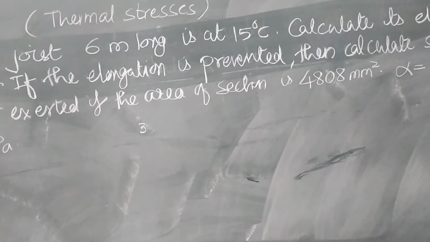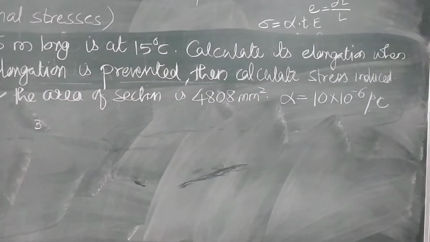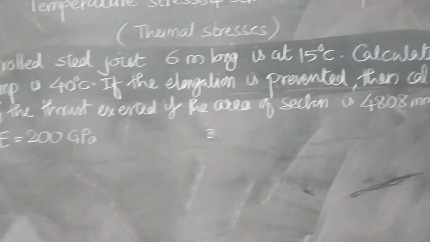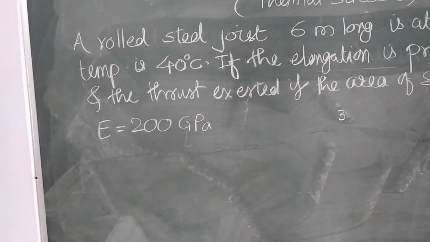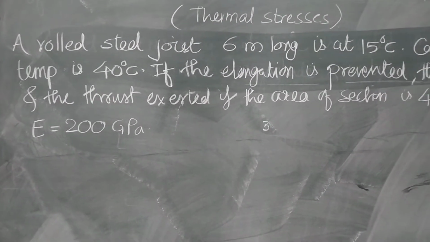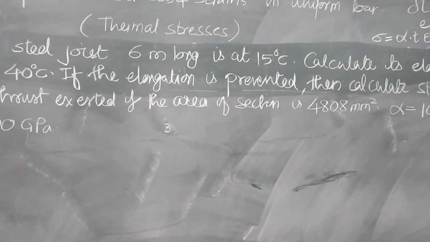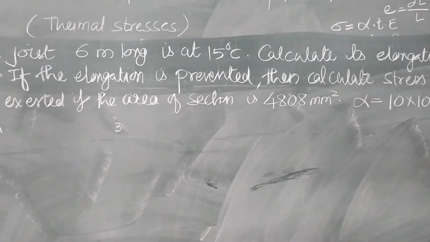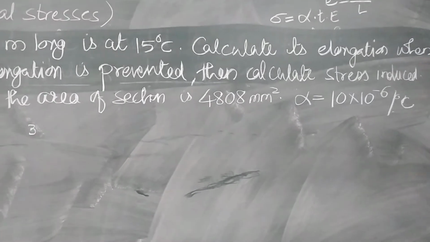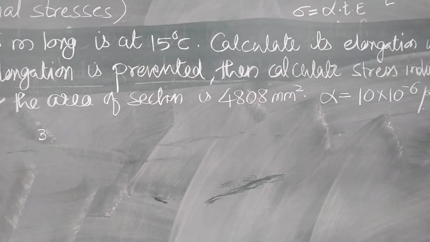If the elongation is prevented, then calculate stress induced and the thrust exerted if the area of section is 4808 mm square.